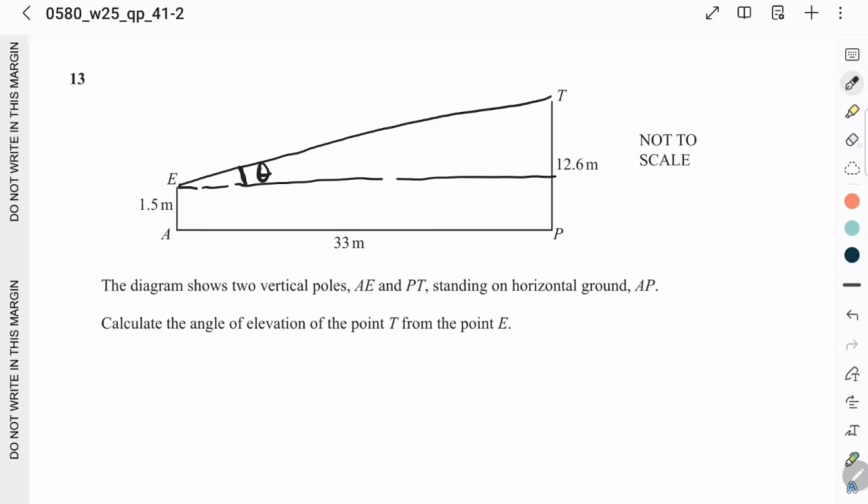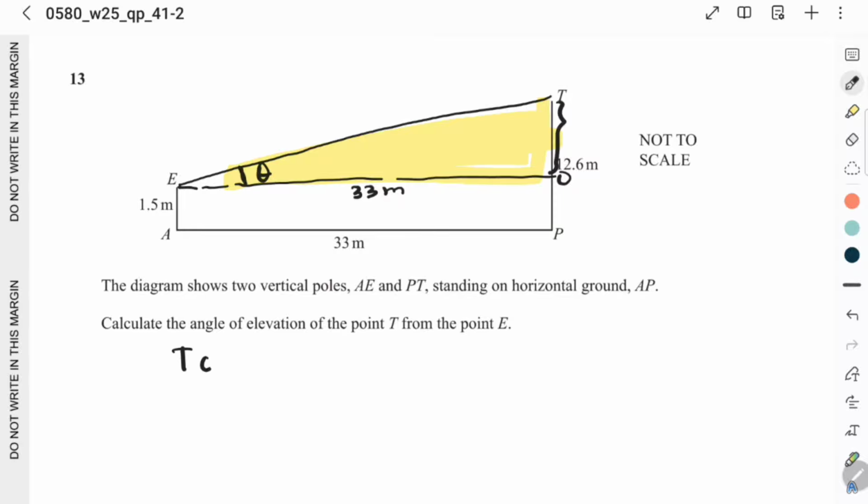Alright, so we'll have this triangle actually, which we'll have to solve. From there we know that it is 33 meters, but we don't know how much is this. If I take O, for example, O is not the alphabet here, so I'm taking it.